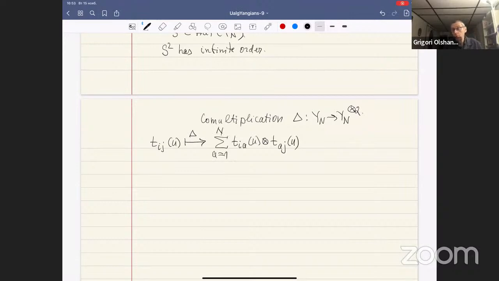Which means, if you want to see what happens on the level of generators, we simply have to expand both sides as generating series, and we get formulas for generators. And in matrix form, I recall, it can be written as follows.